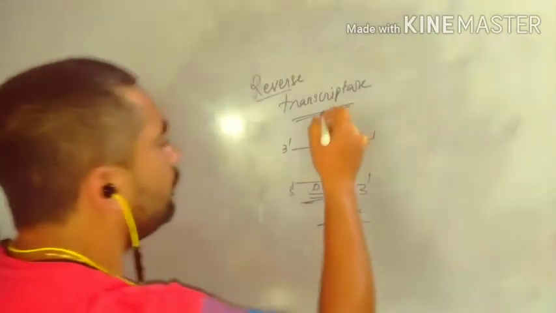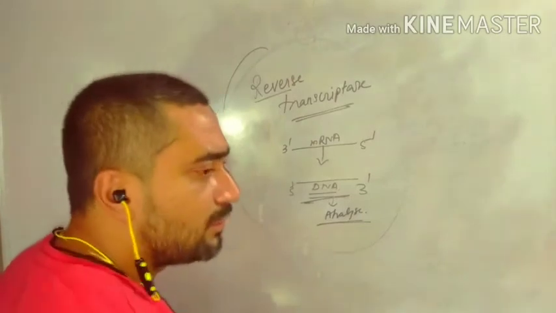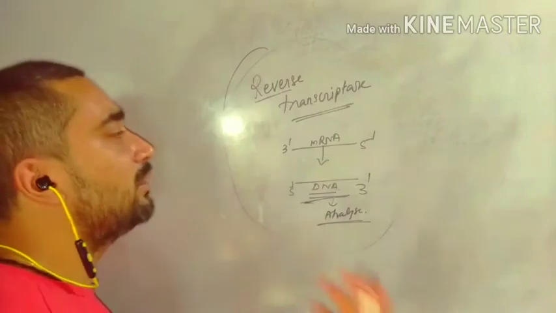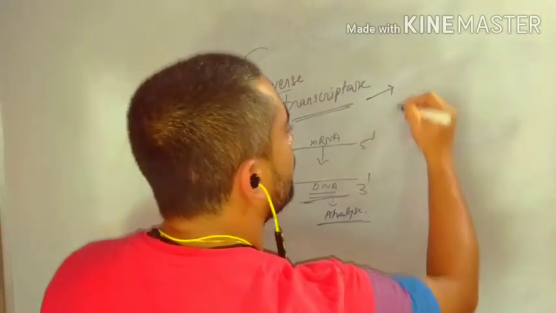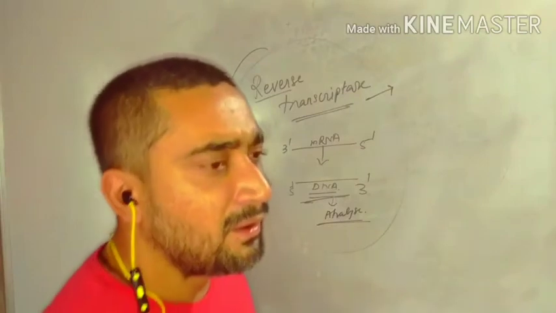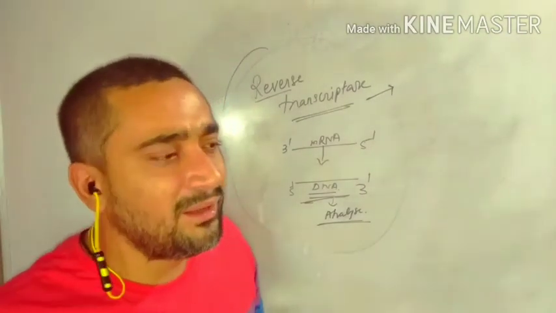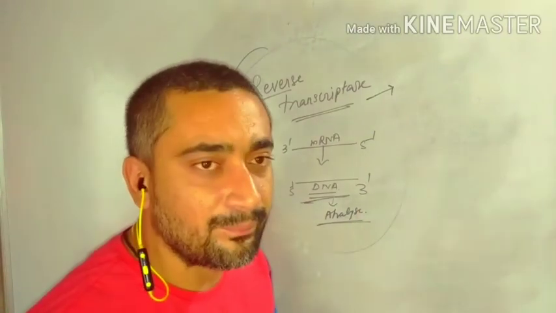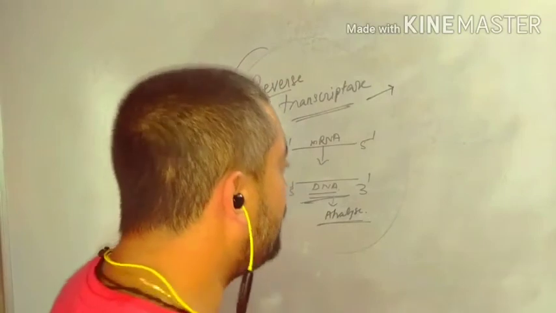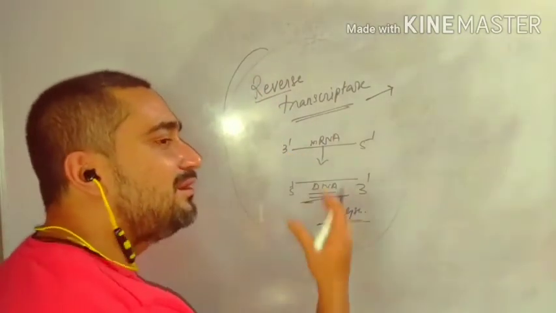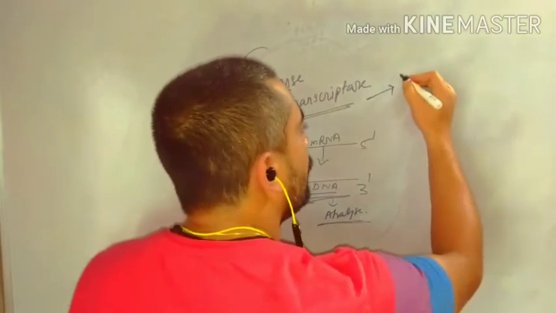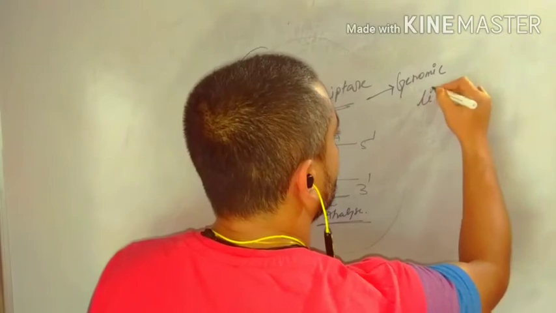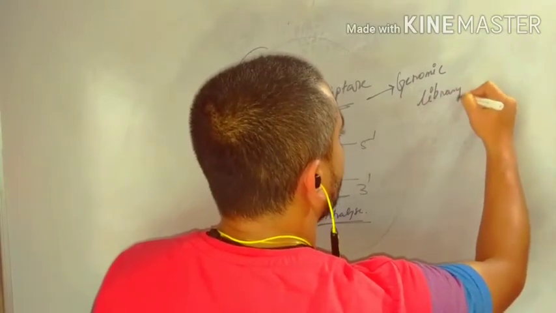After analyzing every set of DNA, we keep the information. Just like in normal life we keep our information, that is books, in a library, here also we keep the DNA's information in a library called a Genomic Library. Now what is a Genomic Library?